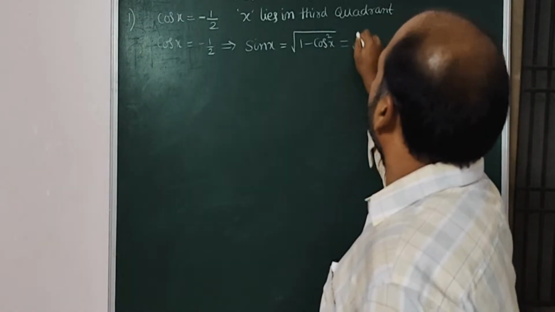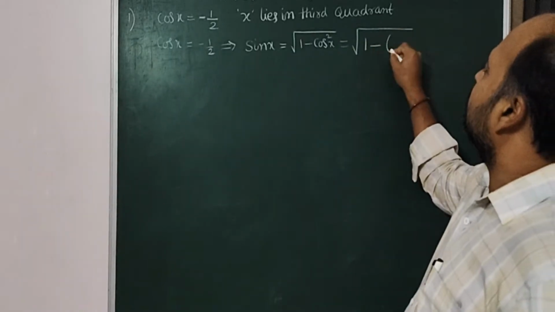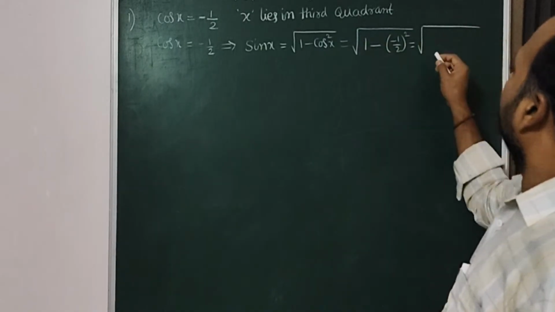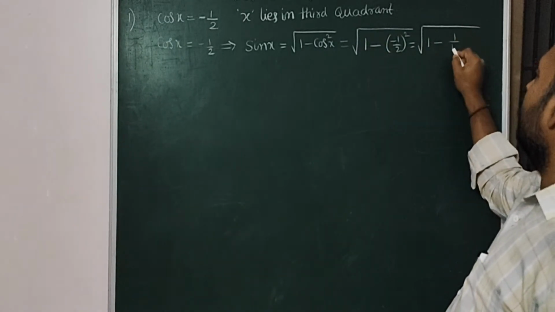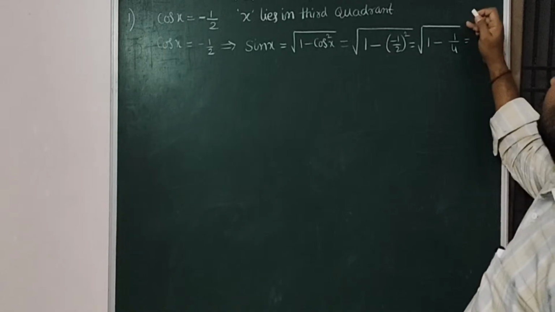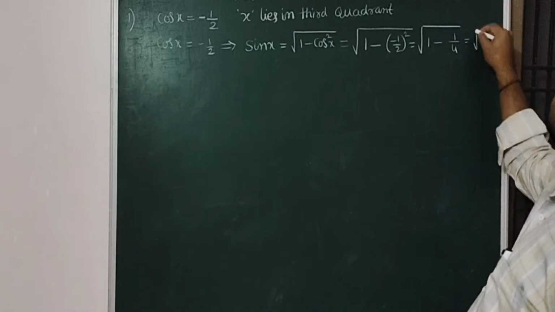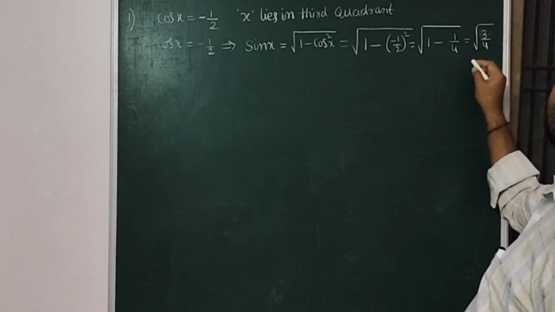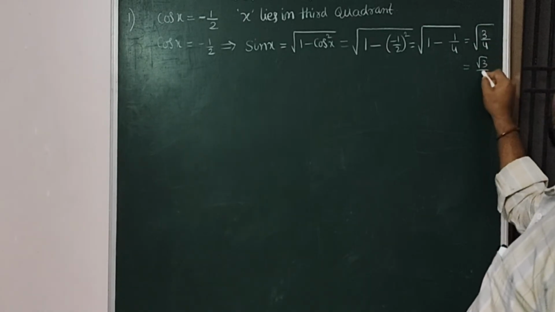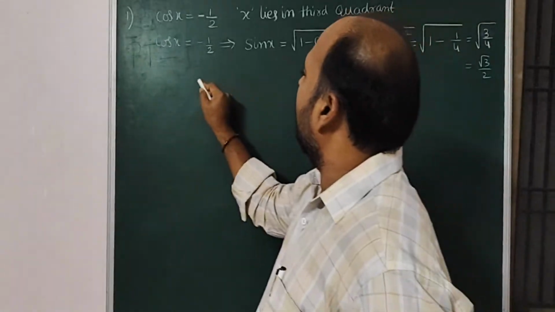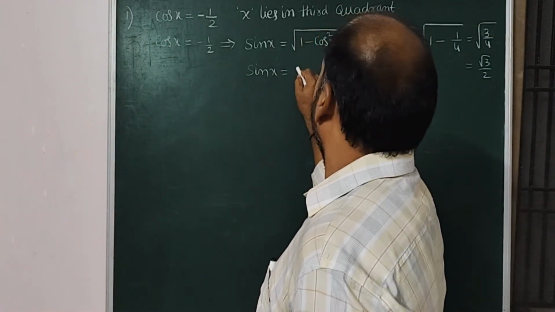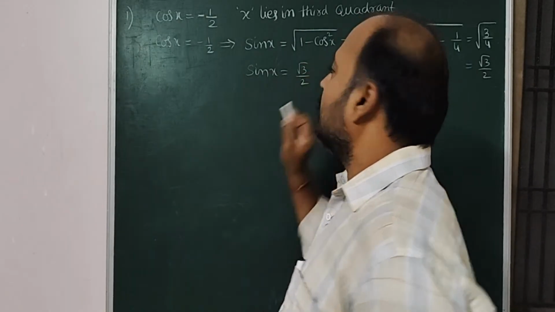So it is root over 1 minus 1 by 2 whole square, root over 1 by 4, which is 4 minus 1, 3 divided by 4, equal to root 3 by 2. So sin x value you got as root 3 by 2.